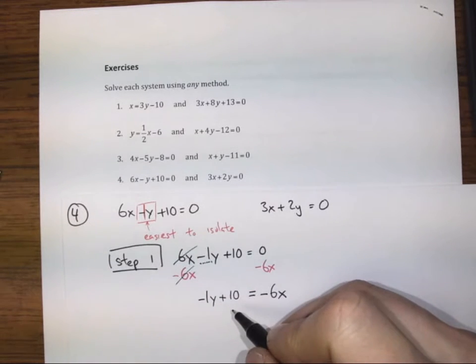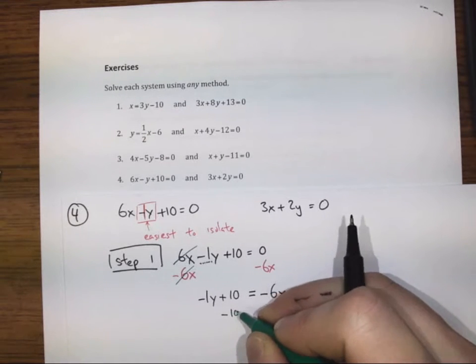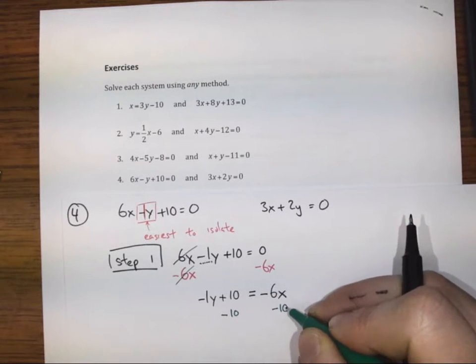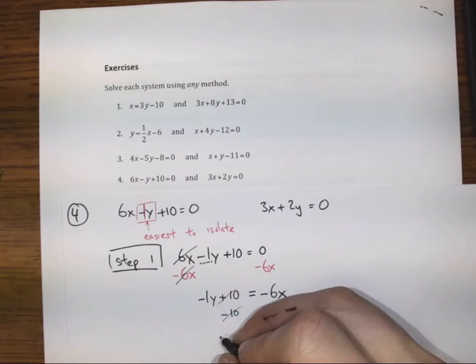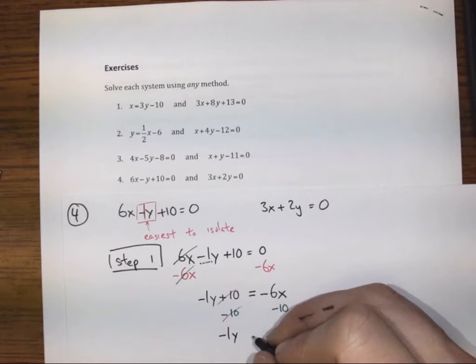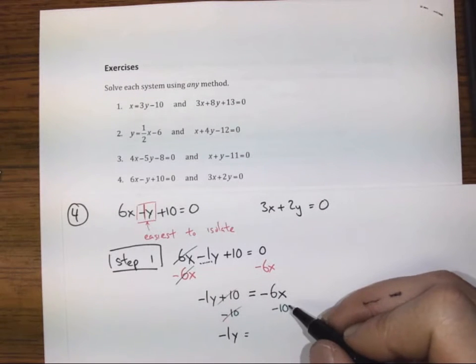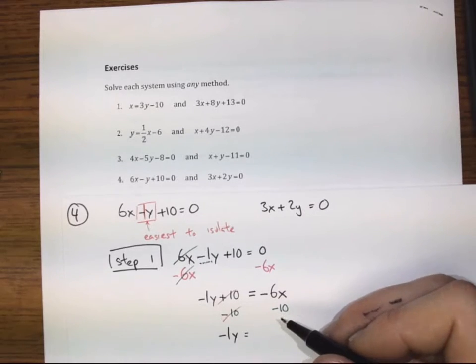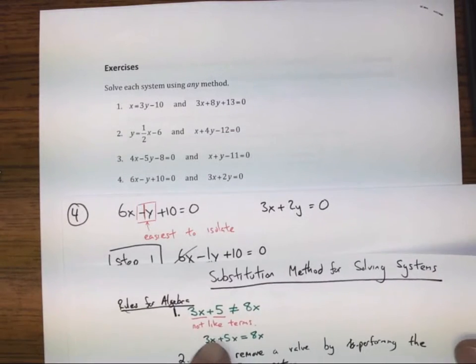Now the next thing we're going to do is we're going to get rid of this 10. So we're going to take away 10. Take away 10. And we get -1y on the left is equal to, so you might think maybe it's -16x. But we have to remember, some things are not like terms.